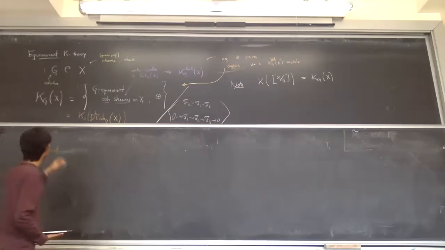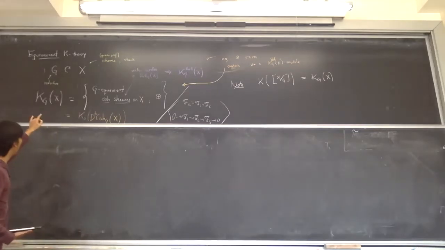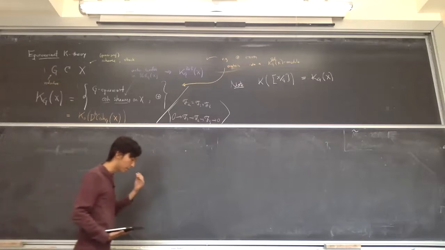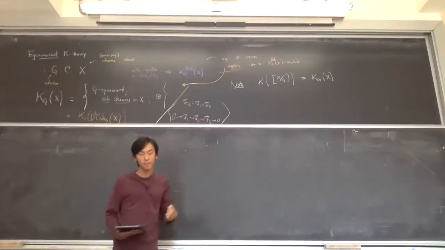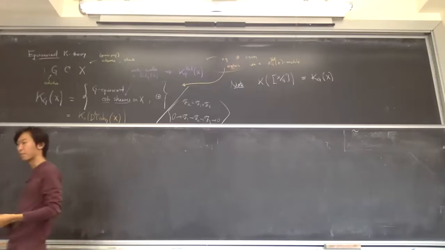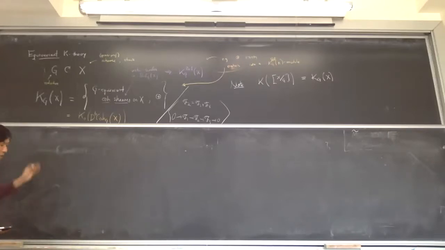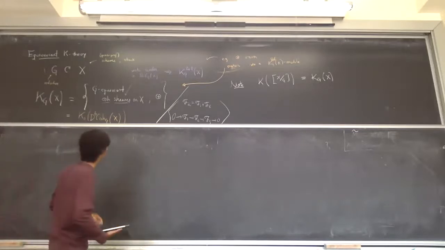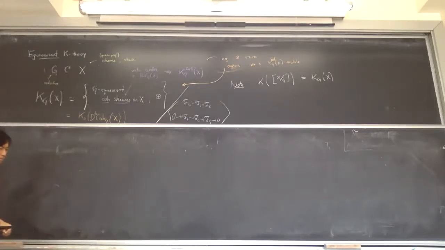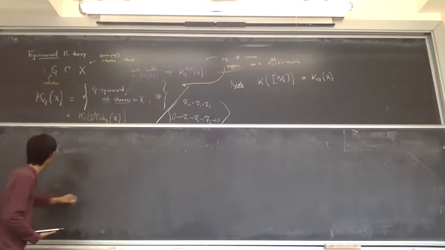The quotient of KG of X by KG of perf is some important invariant of the singular locus of X. And this is like some categorification of critical cohomology. And on Friday, I'll say something about that. That's related to maybe what should be the second half of the abstract.